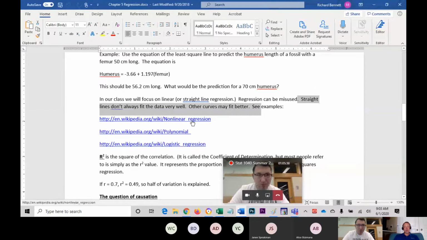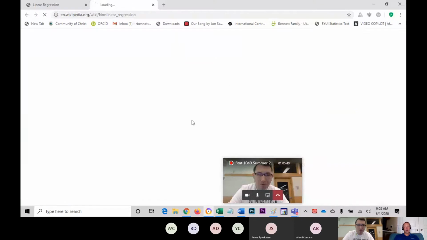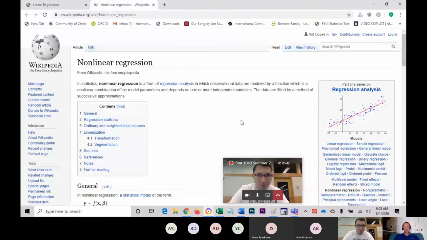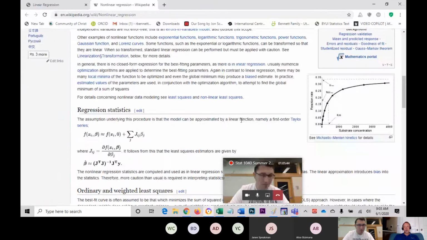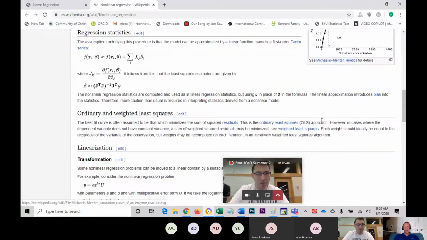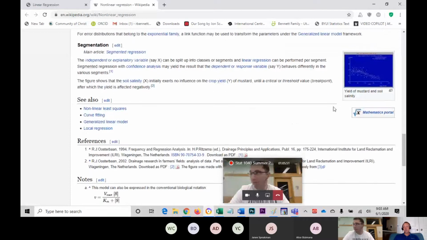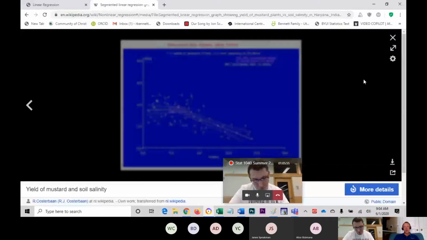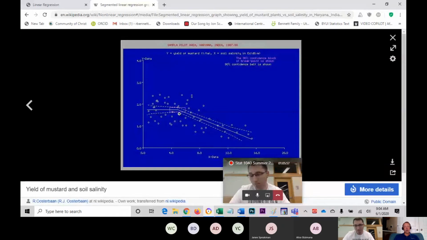Some examples here, this is from Wikipedia. You can see a curve might fit the line better, or in this case, a curve might fit that line a little bit better as well.